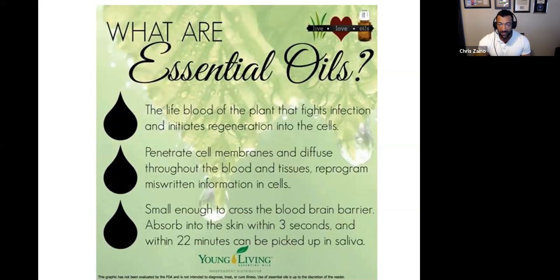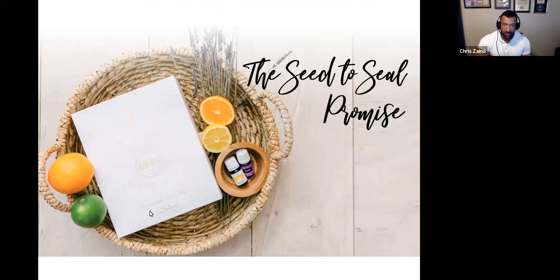These are cells that are not functioning correctly, right? They start to create abnormal cells, and more abnormal cells. This helps reprogram the misinformation of the cells. They're also small enough to cross the blood-brain barrier, so it absorbs into the skin in as little as 3 seconds, and within 22 minutes can be picked up in the saliva. There have been countless studies using these.